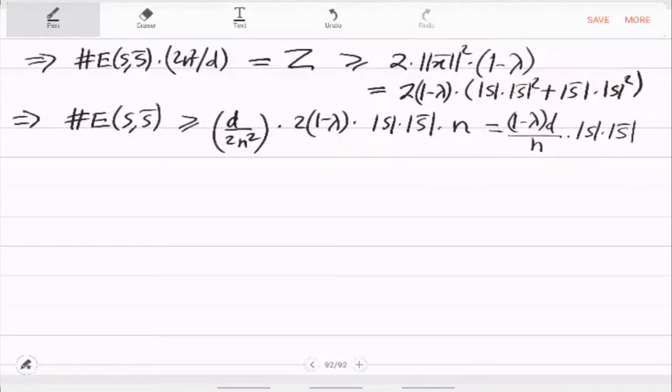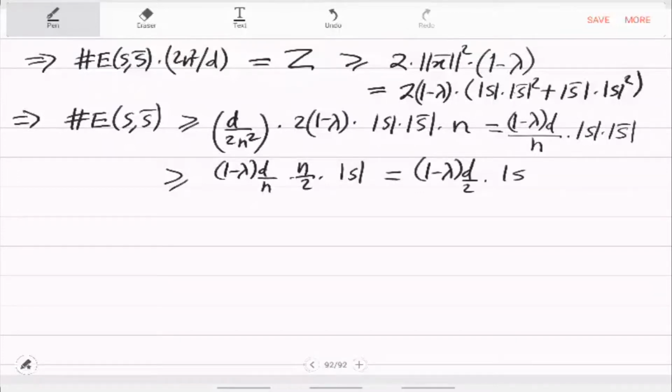S you have assumed is less than or equal to n by 2 in size. So S bar is then at least n by 2 in size, right? So that n by 2 times S. So that is what you get.